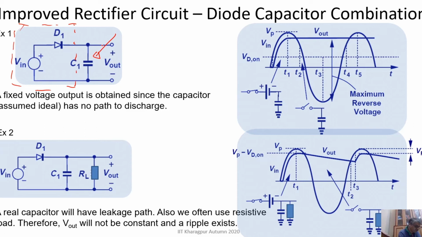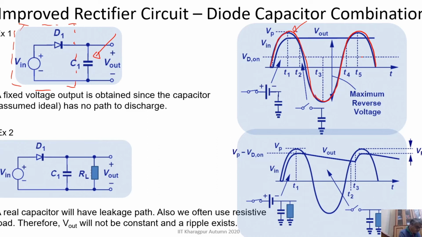So if I use a capacitor, what will happen? This is my input signal, the red line I am drawing on top. After rectification, I will get only one half, only those positive halves at the output, as it is a half wave rectifier.